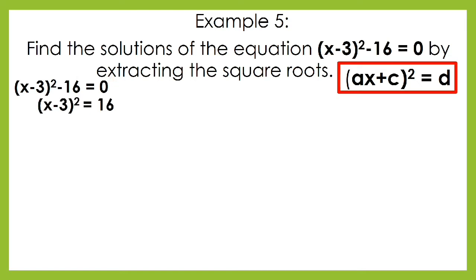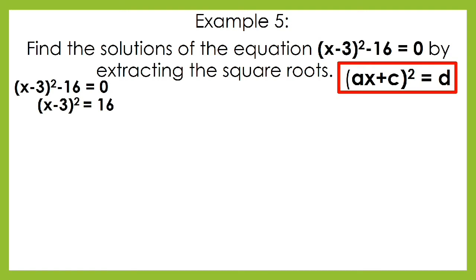Ang magiging result niya na ay square of x minus 3 equals 16. From negative sign, transpose natin, nilipat natin sa right, naging positive 16. Okay, so ito na siya, nasa form na siya na ito. Ang d natin is greater than 0, therefore, meron tayong dalawang solutions or roots. Let's solve. Let's extract the square roots.